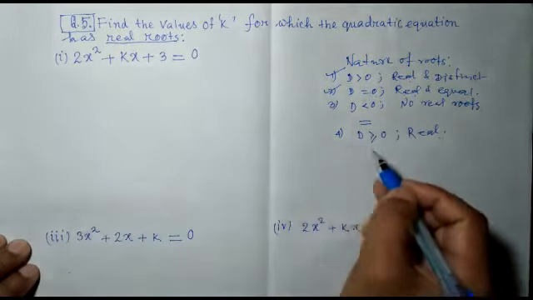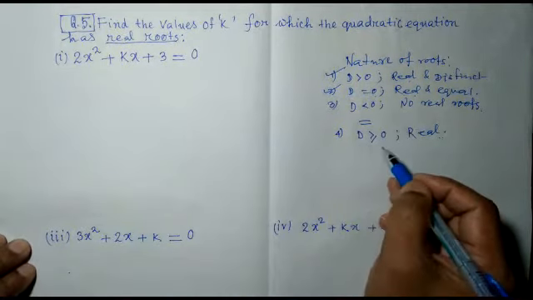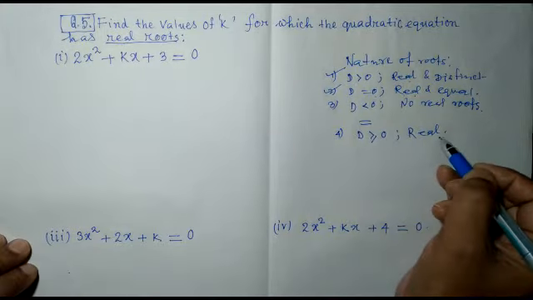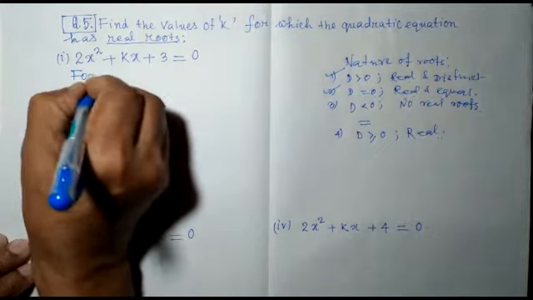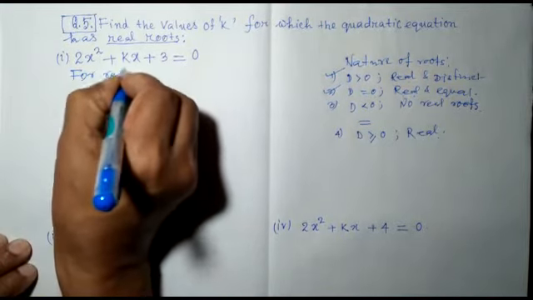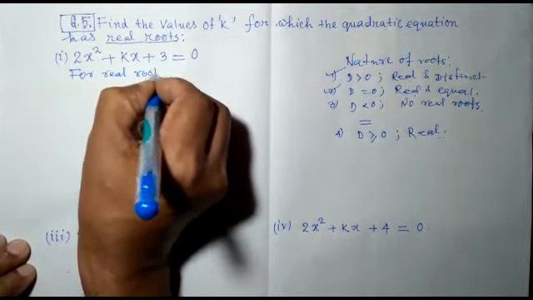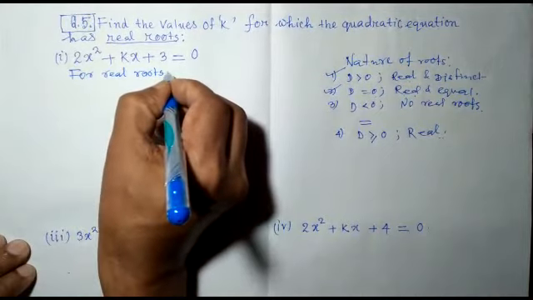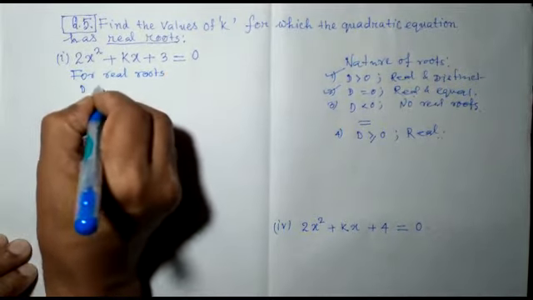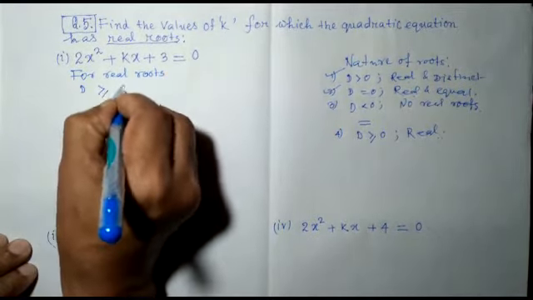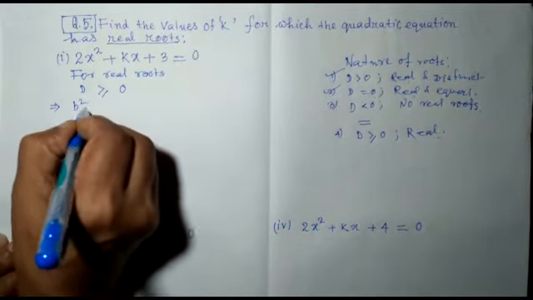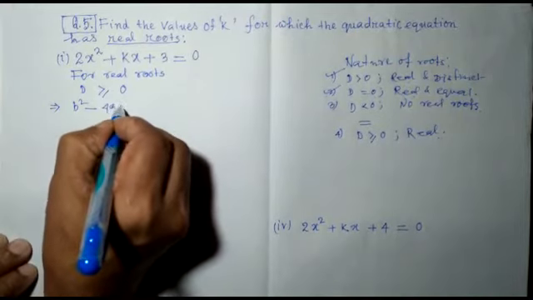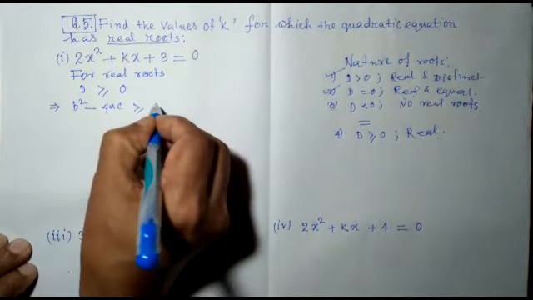So here we will apply this condition 4, D greater than or equal to 0 for real roots. So we write here, for real roots, what is the condition? D will be greater than or equal to 0. So what is D? b square minus 4ac greater than or equal to 0.